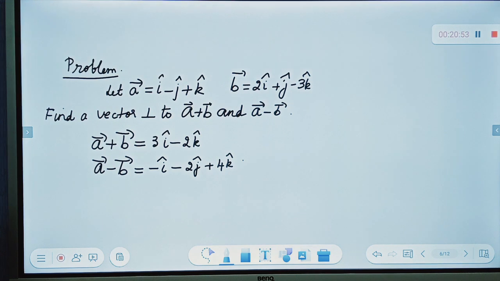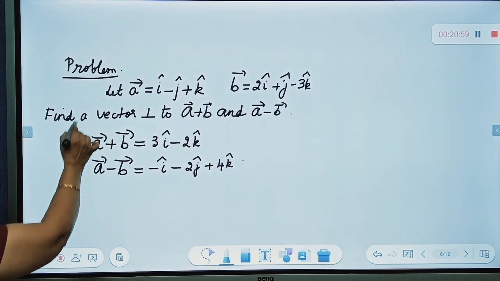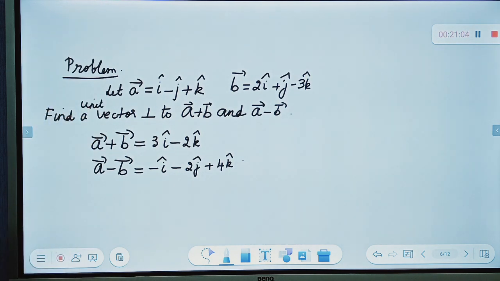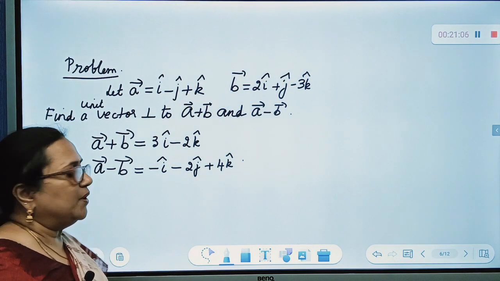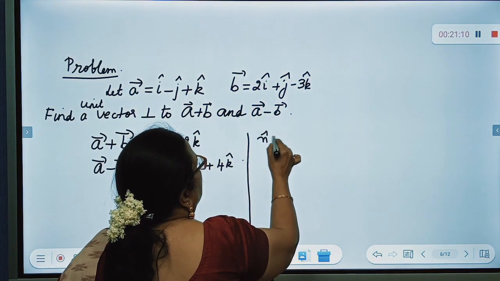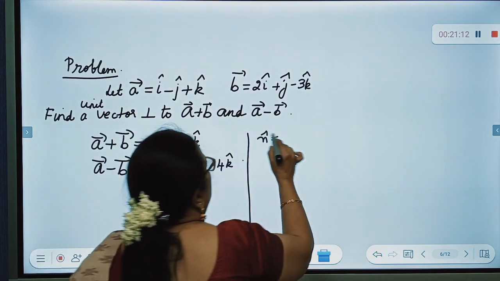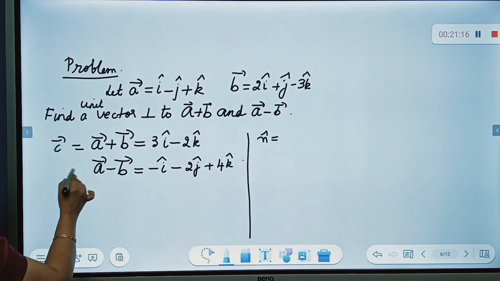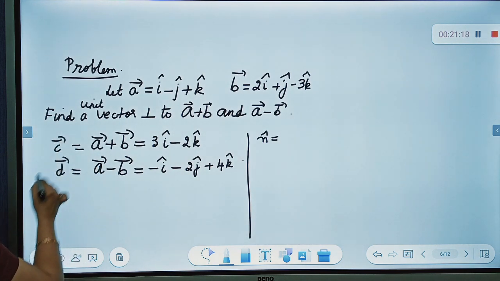So we have found a plus b and a minus b. So what will be a unit vector? I have given just a vector. Maybe we can even find a unit vector. Find a unit vector perpendicular to a plus b and a minus b. So n cap will be, let me call this vector as c vector and this vector as d vector.